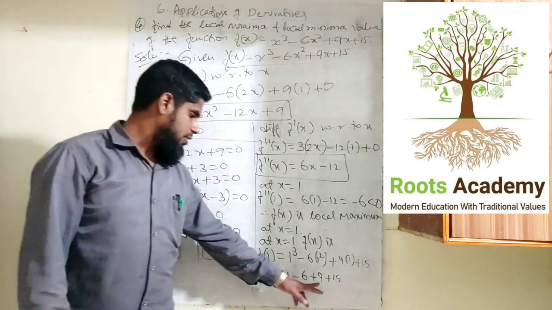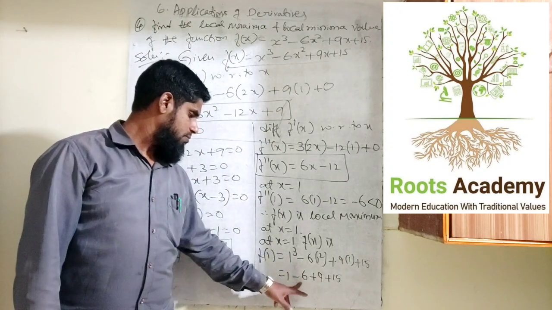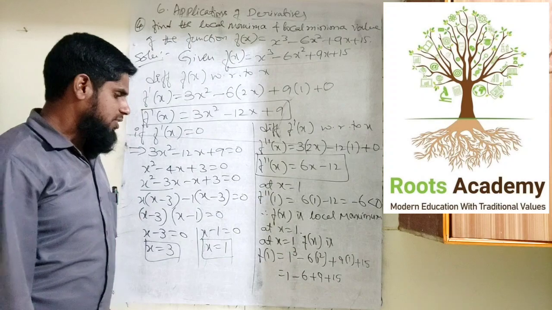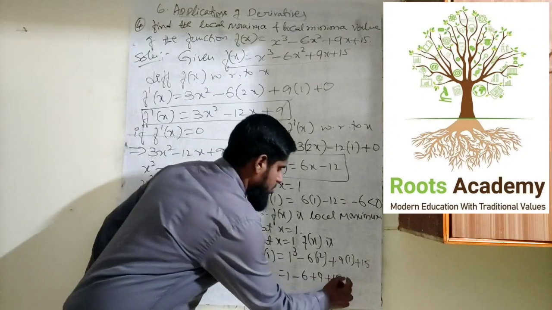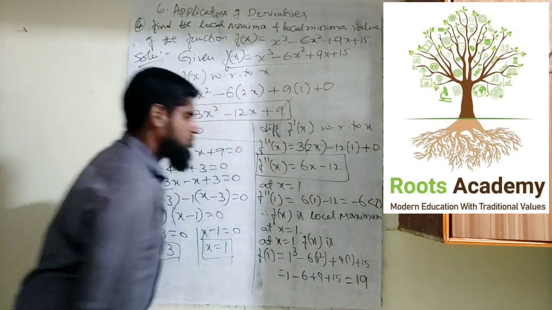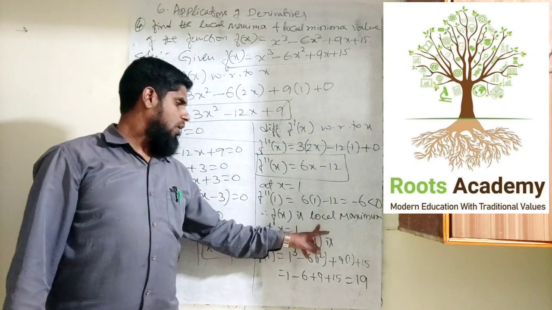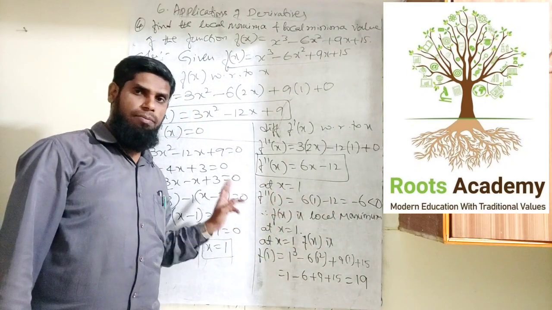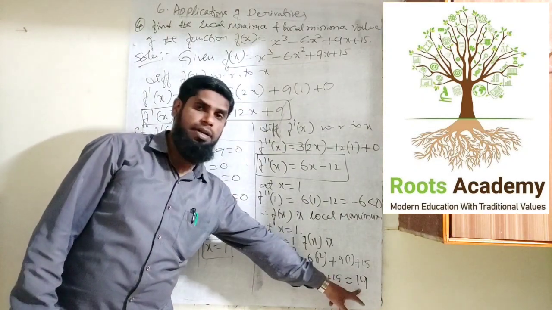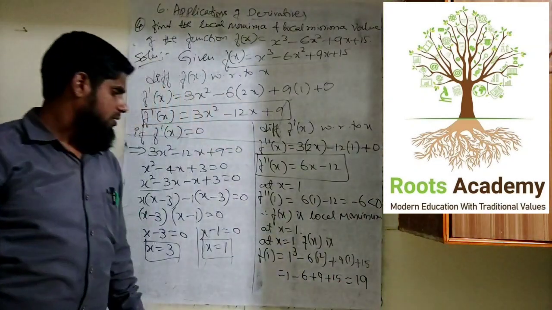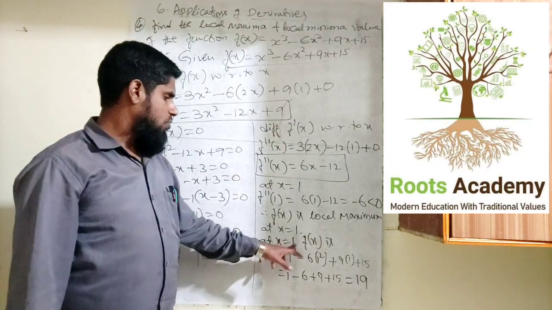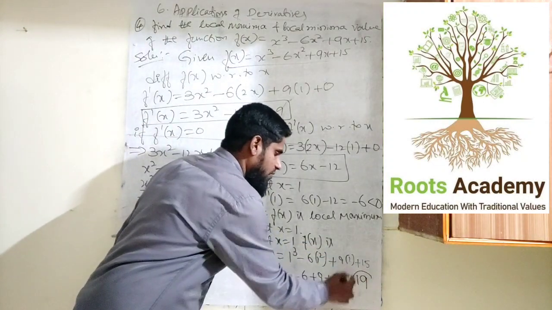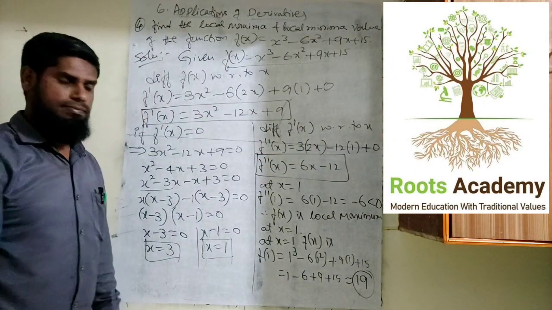So student, minus 4 totally plus 19 is the answer here. So the local maximum is at 1 and the local maximum value is 19. So at x equal to 1, we get the local maximum and the local maximum value is 19.